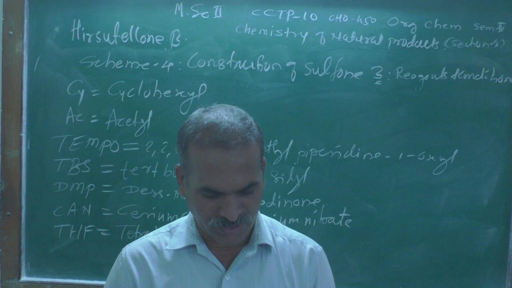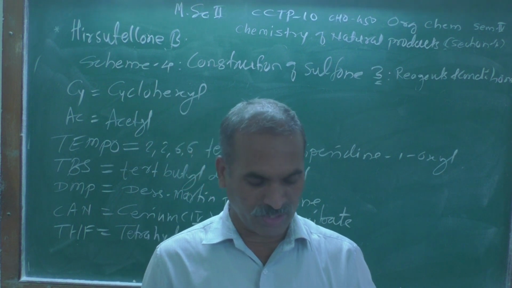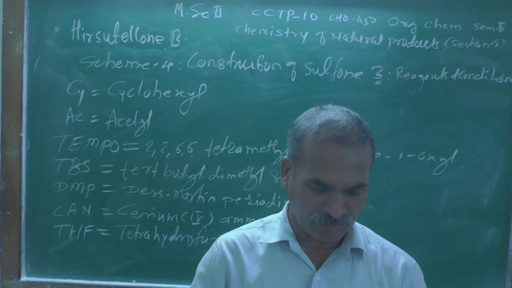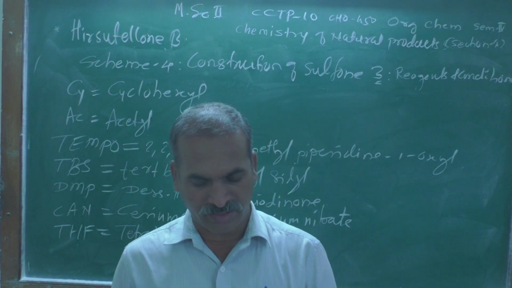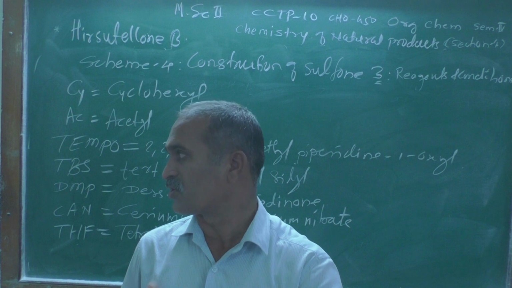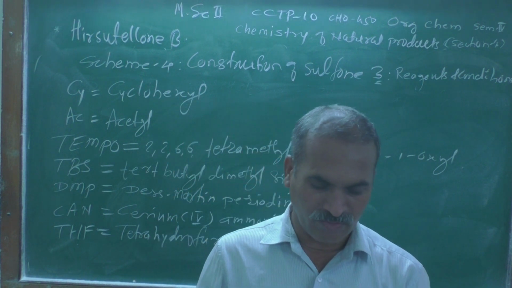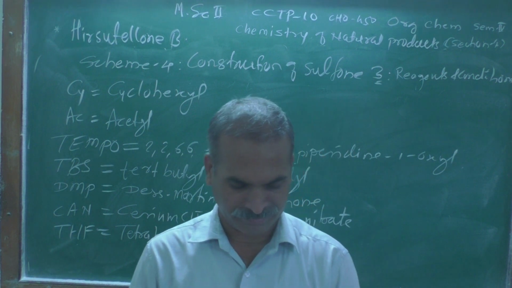After oxidation with PhI(OAc)2 and TEMPO, aldehyde 13, meaning structure number 13, was obtained in 78% overall yield for 3 steps.